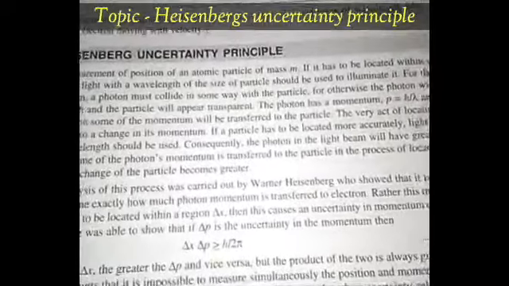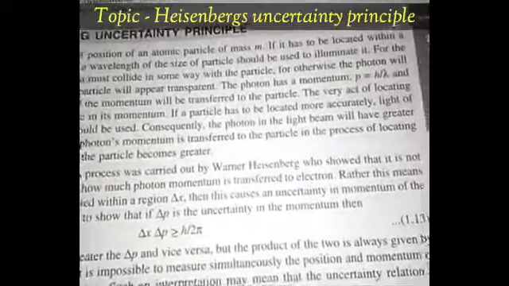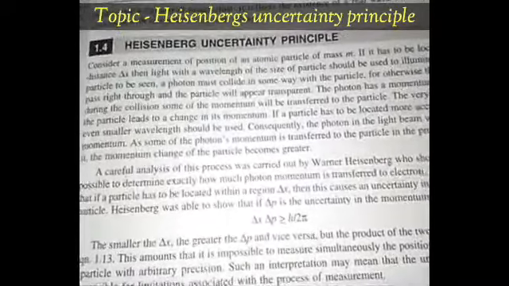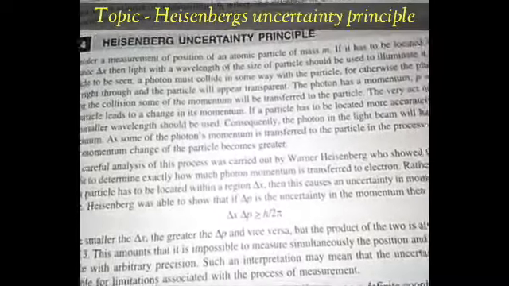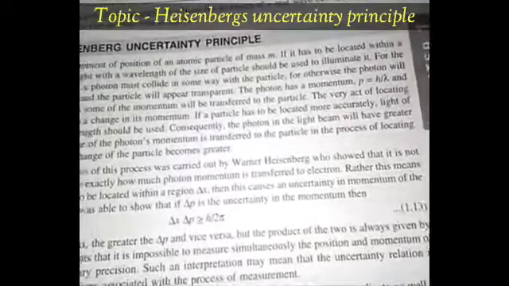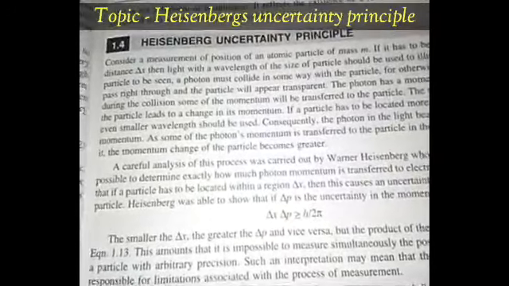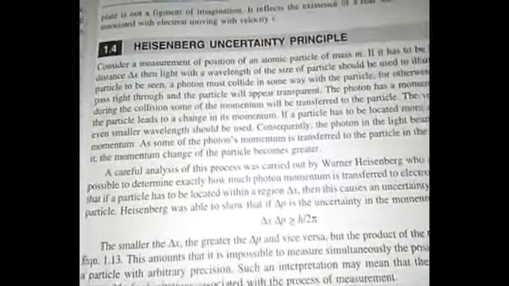Consequently, the photon in the light beam will have greater momentum, as some of the photon's momentum is transferred to the particle in the process of locating. The momentum change of the particle becomes greater.